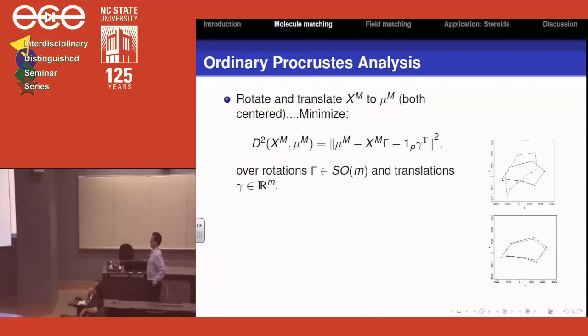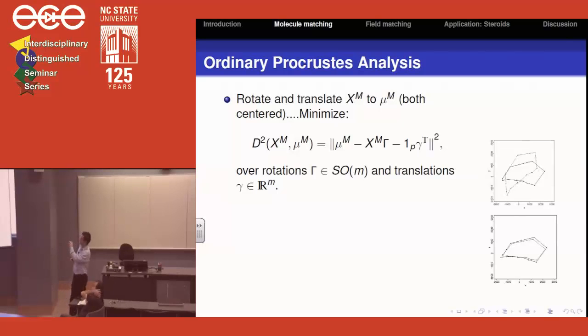Now, if I have matched points, then I can use what's become a fairly standard part of the toolkit of shape analysis for matching landmarks, Procrustes analysis. So if I've got my labeling and I want to match my matched points in xm to the matched points in μm, then I can rotate xm, which is that capital gamma, a special orthogonal matrix, which is a rotation.